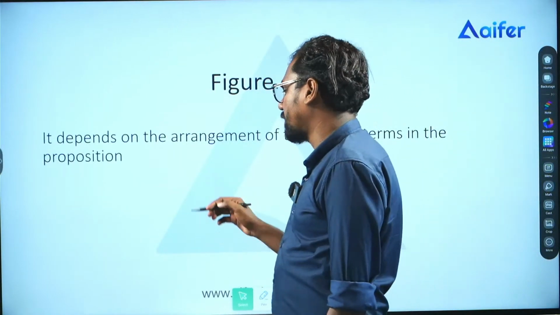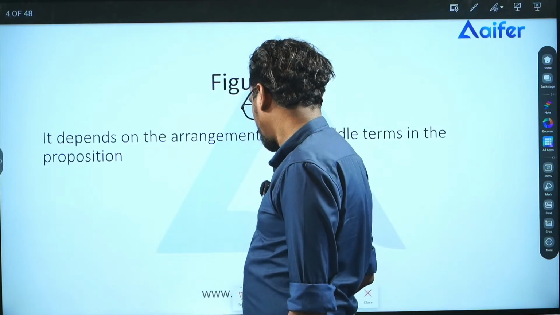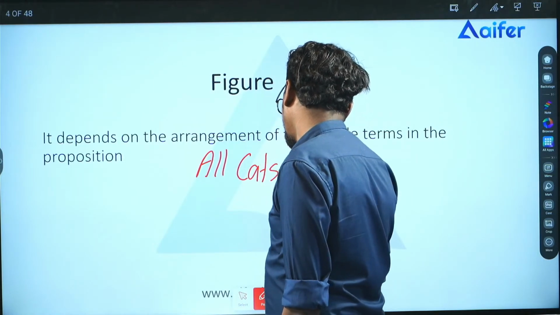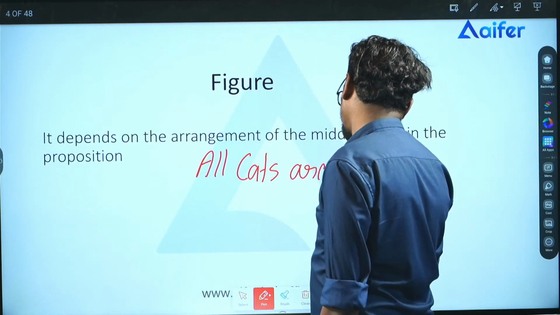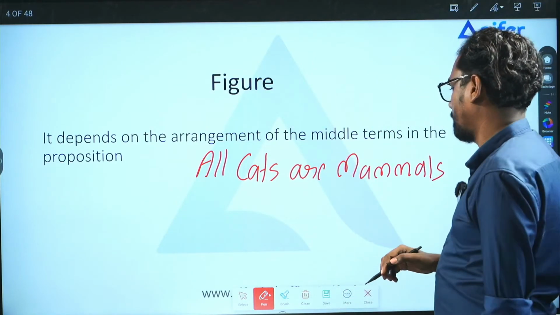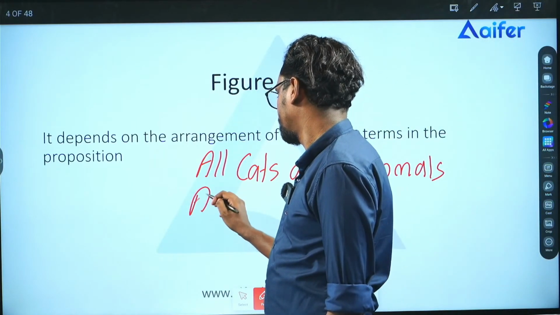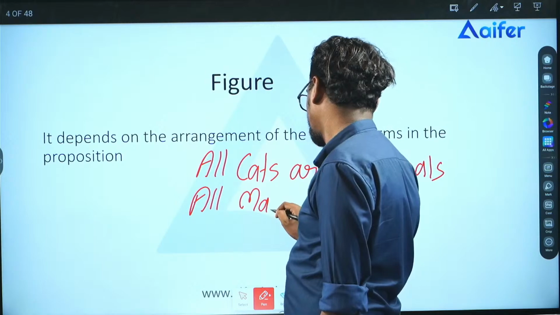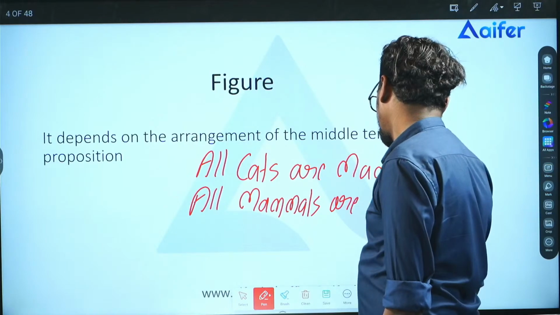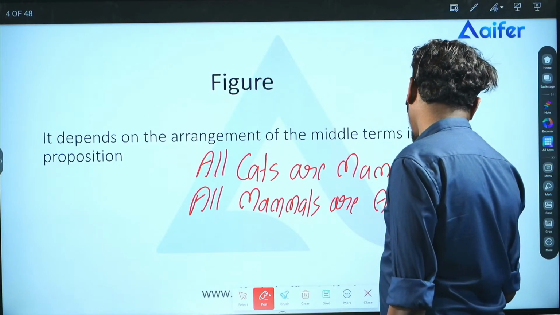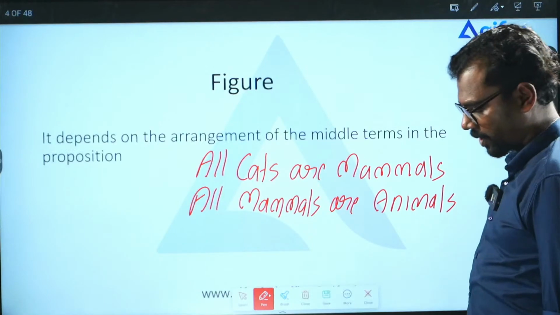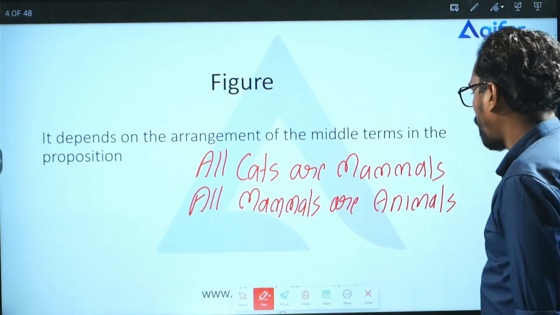For example, consider the argument or the two propositions. The same example, let's take all cats are mammals and all mammals are animals.